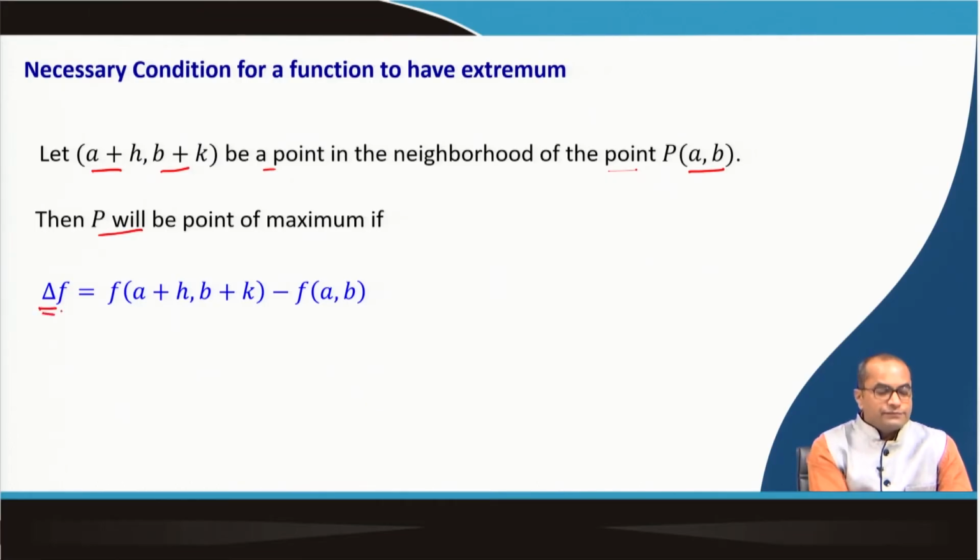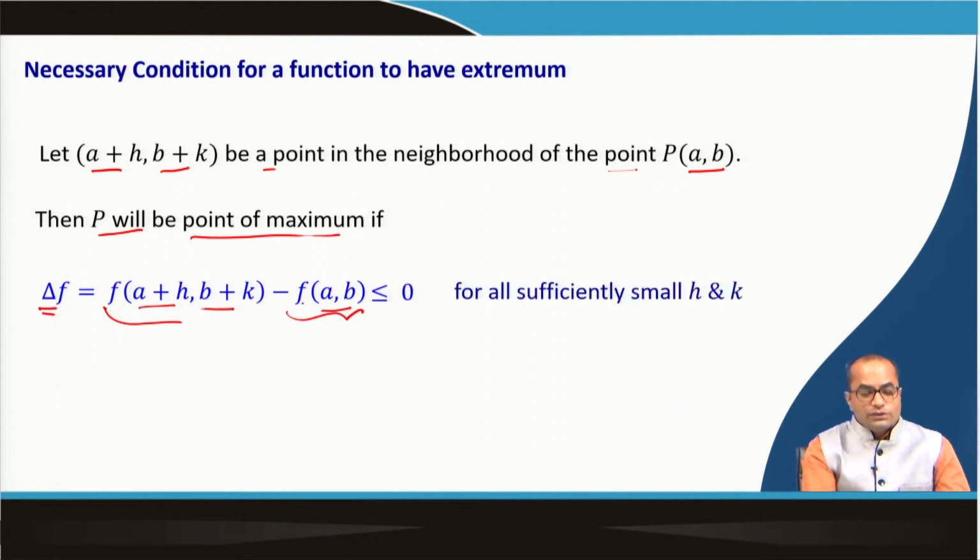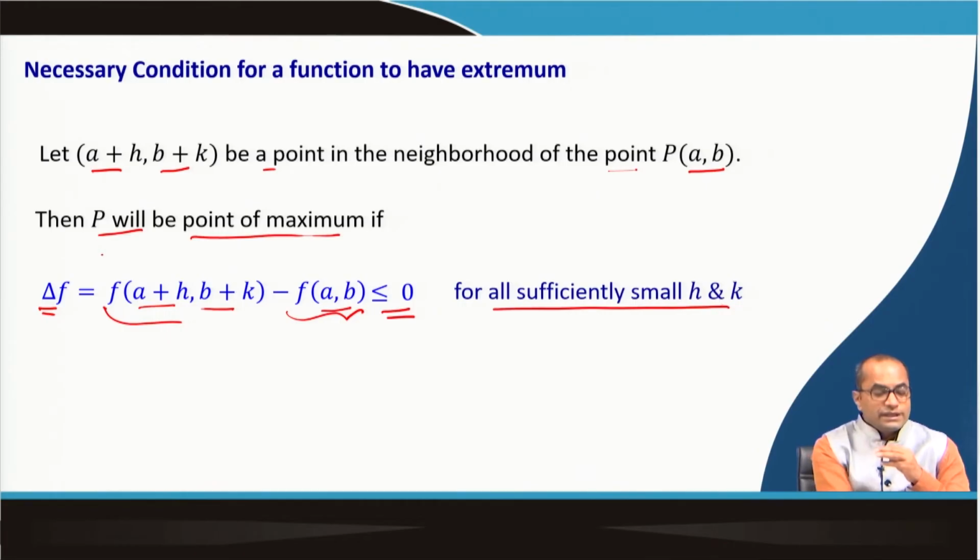When this delta f, the increment in f, when we have a point in the neighborhood and we subtract the function value at (a, b). So, P will be a point of maximum, that means it is attaining higher values than the values in the neighborhood. That means this here is higher. So, this will be less than or equal to 0 for sufficiently small h and k, because we are saying that P is a point of maximum.